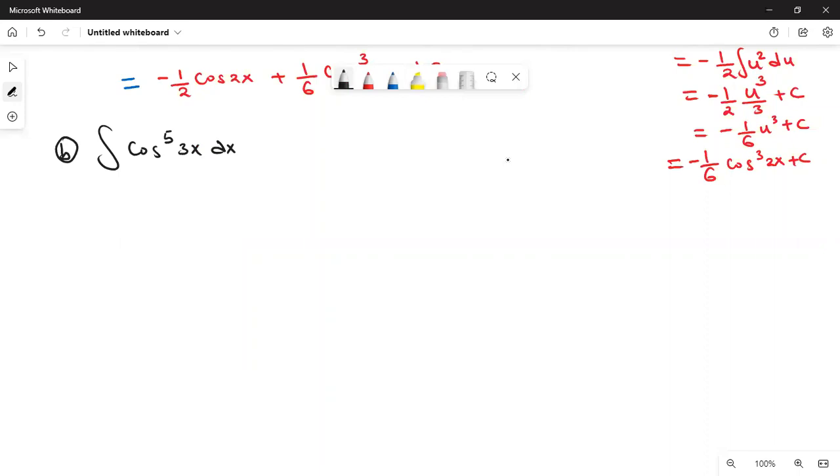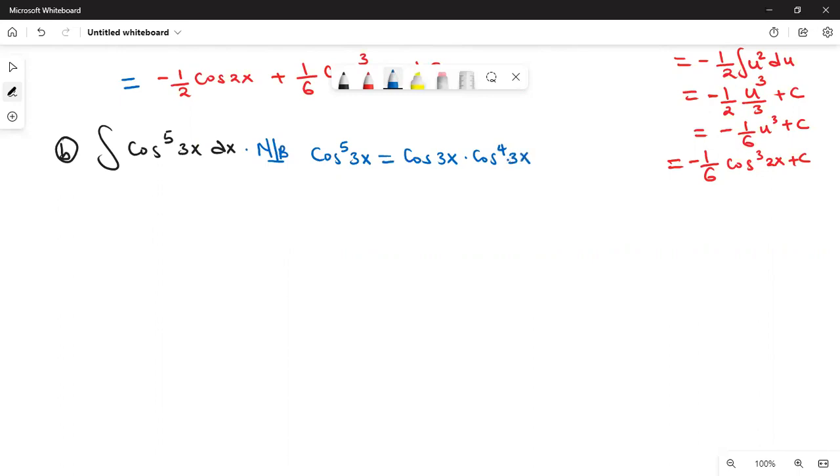So this is the same as, we can do it somewhere. Take note that cosine raised to 5 of 3x can be written as cosine of 3x times cosine raised to 4 of 3x.